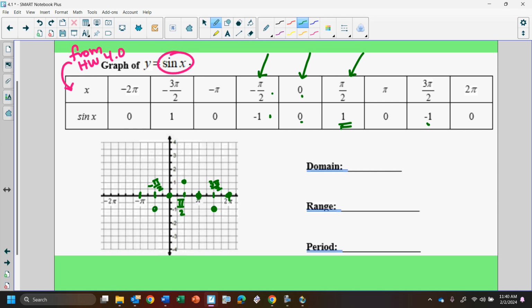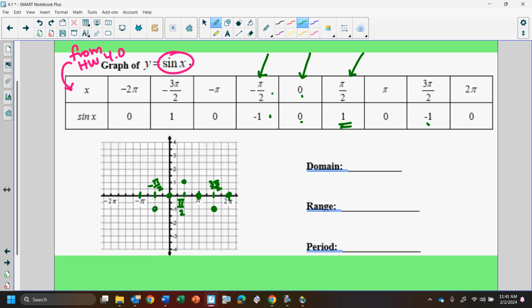Plot those additional points for me, going left and right. When you're ready, go ahead and draw that curve. Draw your very first sine curve. It's very exciting. With that sine curve, it's very curvy and rounded, not like a zigzag.